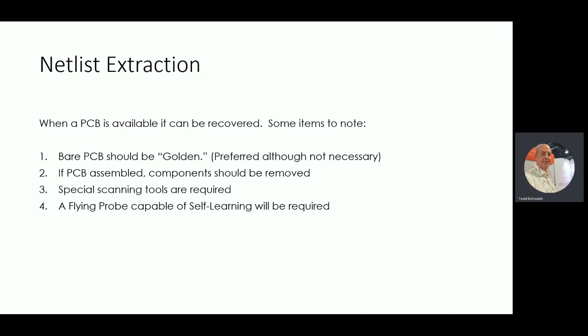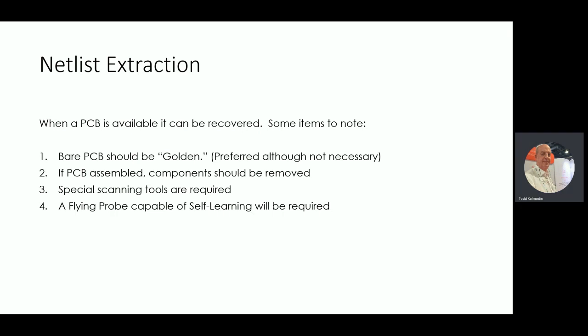This takes the board itself, and we do a learning process. Now, if the board is bare board, it's pretty straightforward. But if it's populated, we'll have to remove components, and that can be a little bit challenging. But today's tools available to do this make it a lot easier to do.